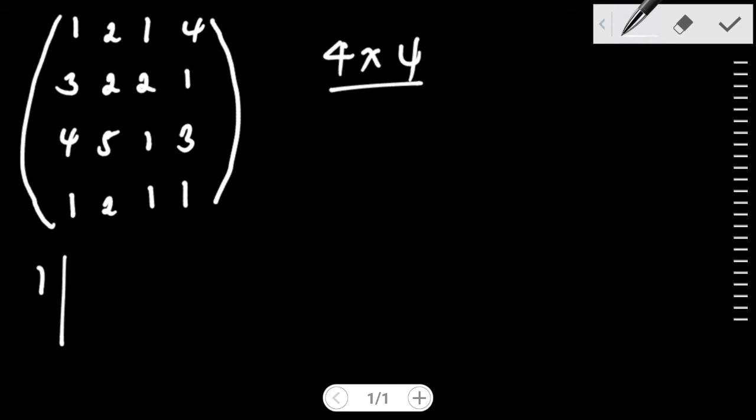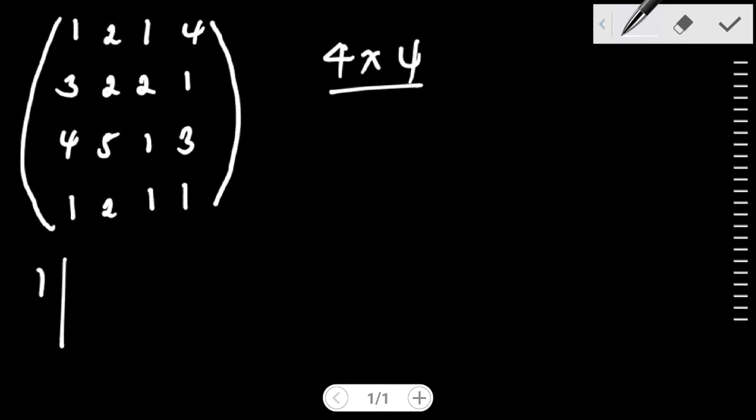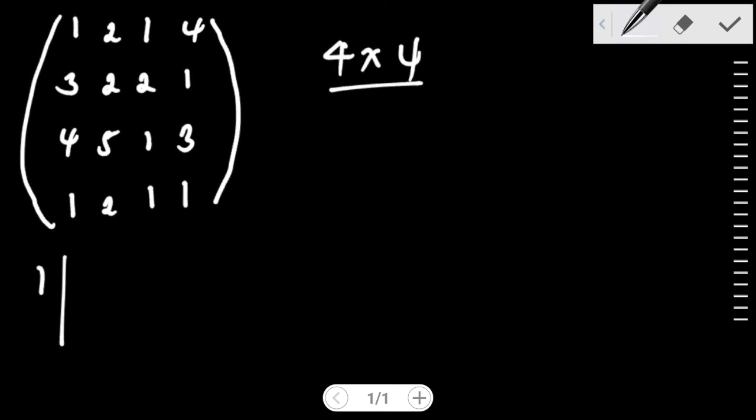That means I'm going to eliminate its row and its column, and therefore I'll be taking 2 2 1 5 1 3 2 1 1, and let me write them down to form a matrix. I'm going to have 2 2 1, 5 1 3, 2 1 1.